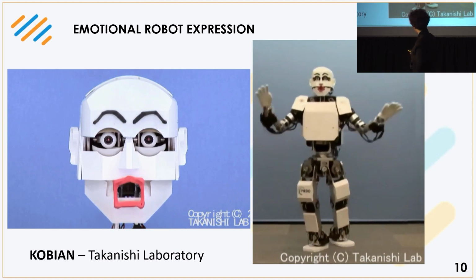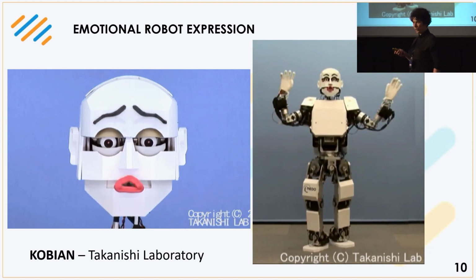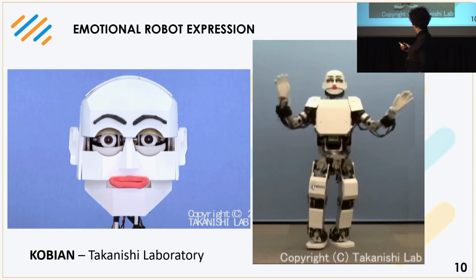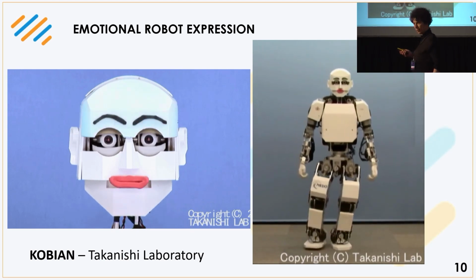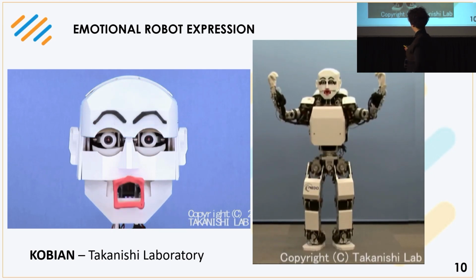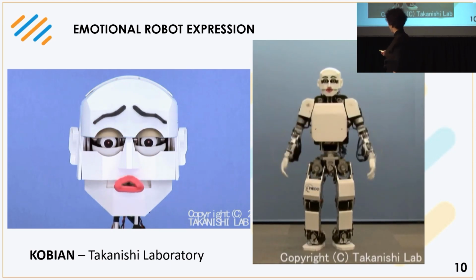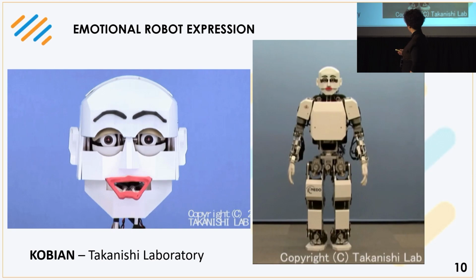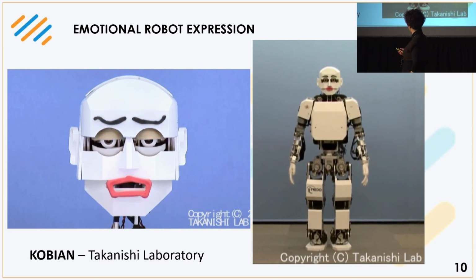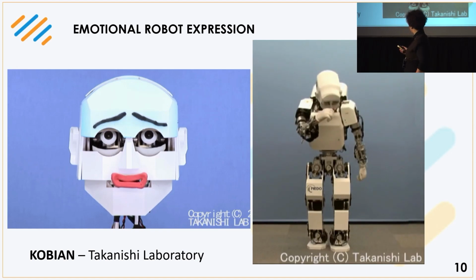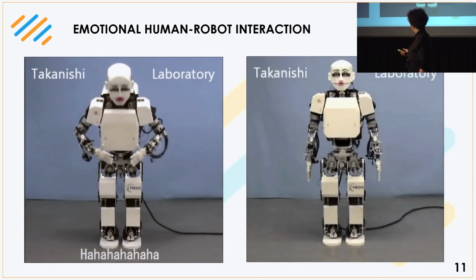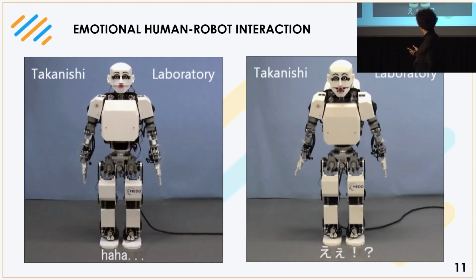And hopefully, so what we did, we implemented emotions in a robot and ran some experiments to see whether this is actually true. So you can see our Cobian humanoid robot with basic emotion expressions, and this one in a slightly more complex one.